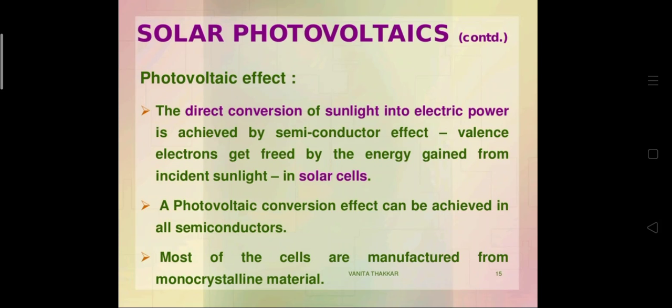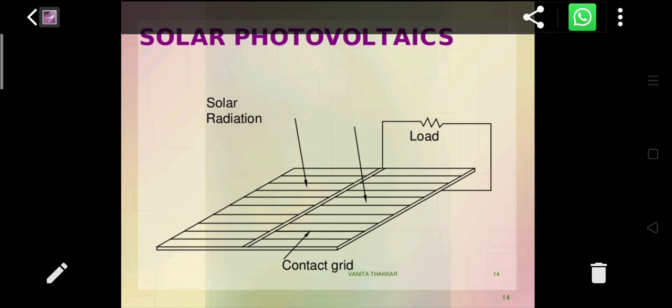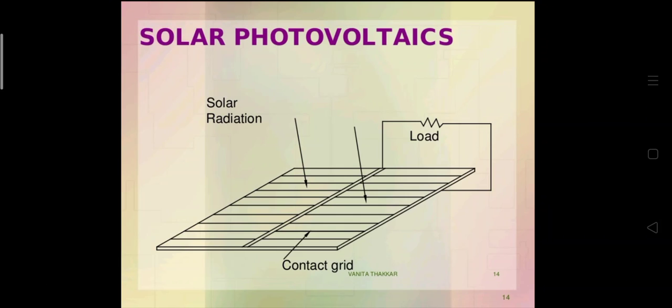That means this is the photovoltaic cell, and as shown in the picture, a grid is there. This grid is connected to the electric load, and the solar radiation is incident on the surface of this photovoltaic semiconductor surface.